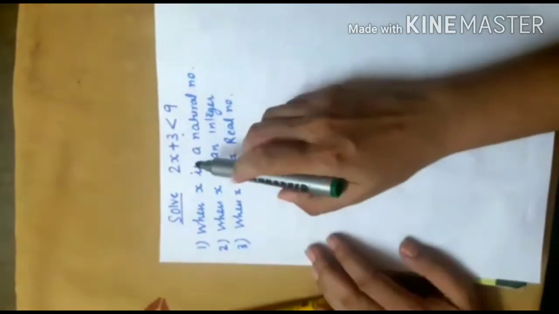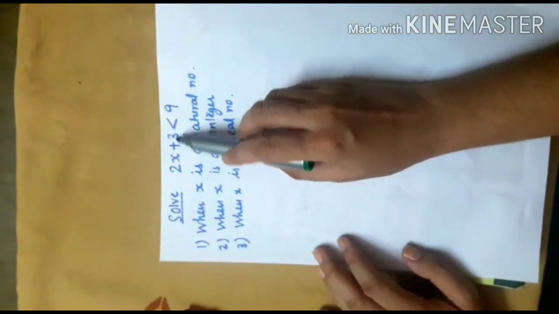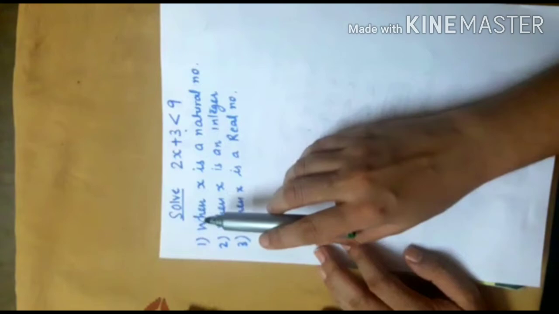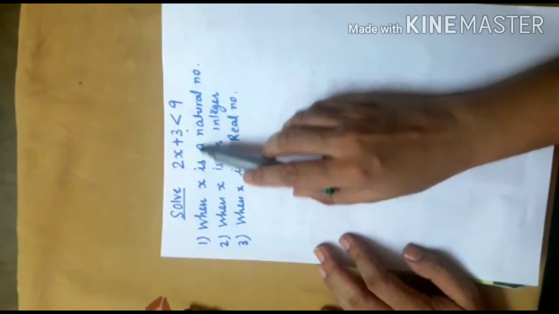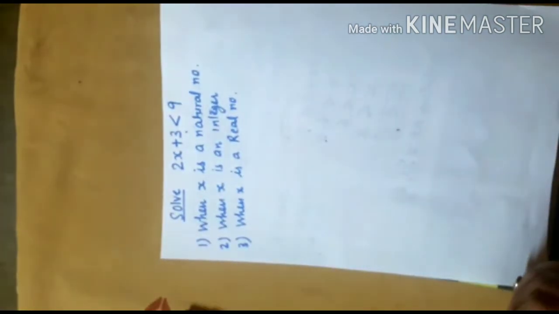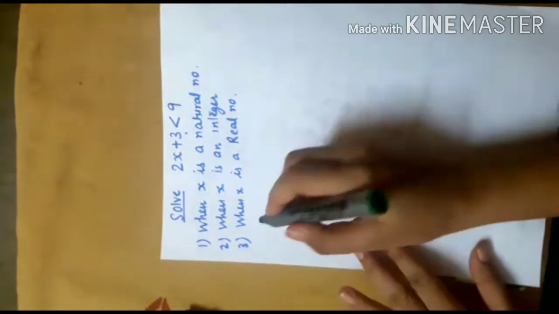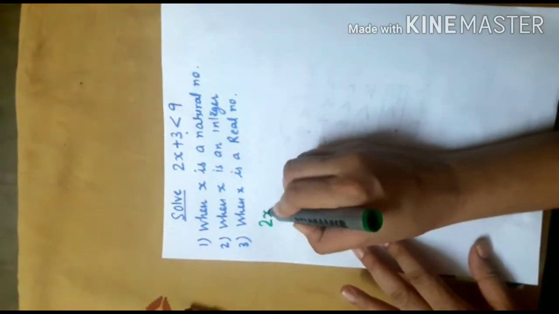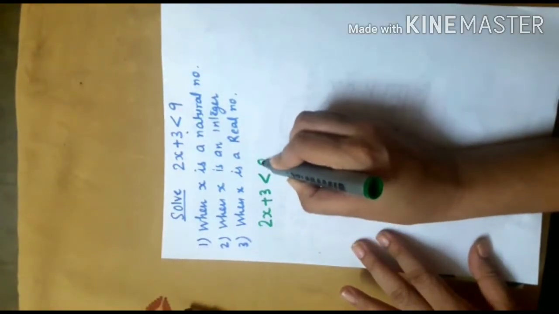Now let's solve the inequality 2x plus 3 less than 9. Case 1, when x is a natural number. Second case, when x is an integer. And third case, when x is a real number. Right? Okay, the inequality is 2x plus 3 less than 9.